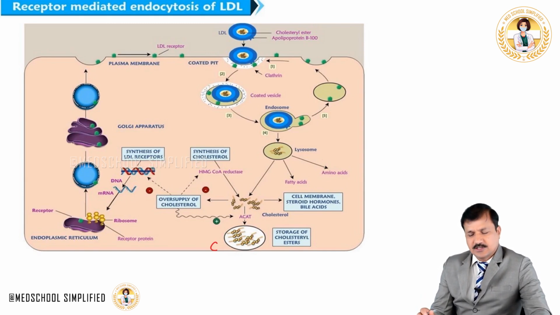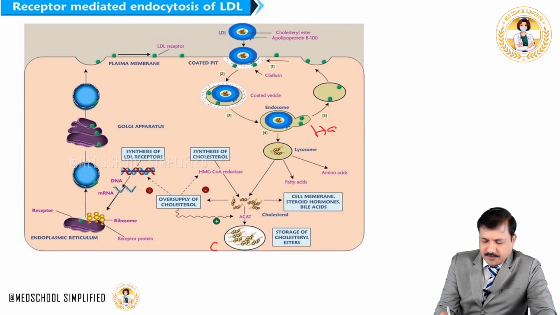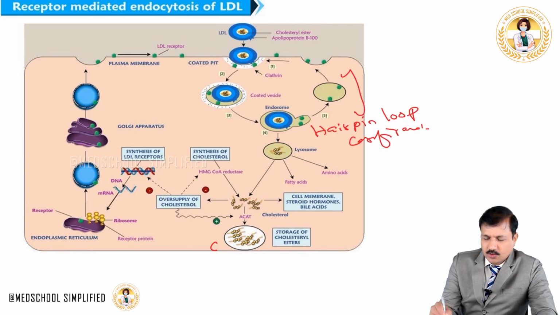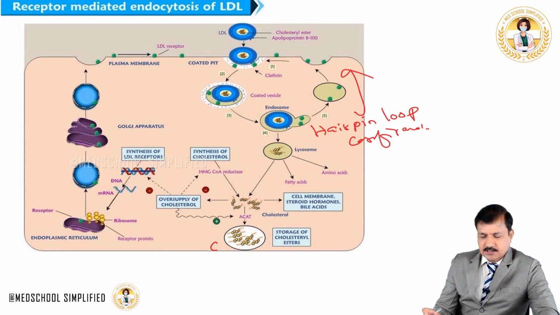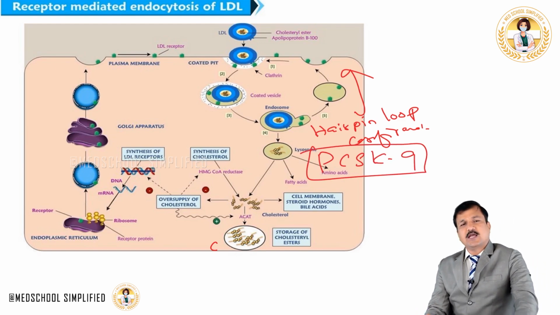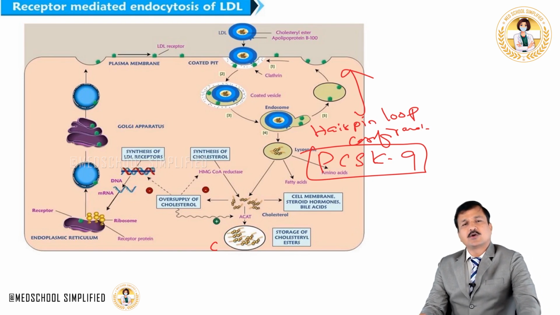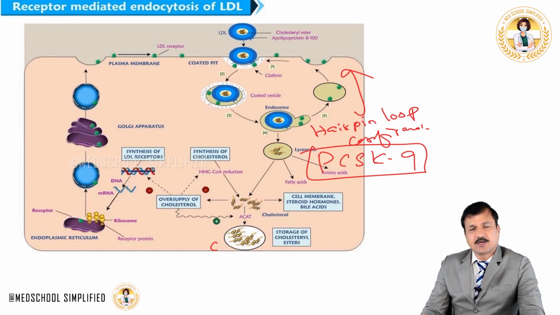Now one of the points that I was saying was that hairpin loop conformation helps the LDL receptor to go back to the membrane. Now there are some molecules called PCSK9 molecules. If these PCSK9 molecules are expressed in the cell, they are going to interact with the LDL receptor and not allow hairpin loop conformation.